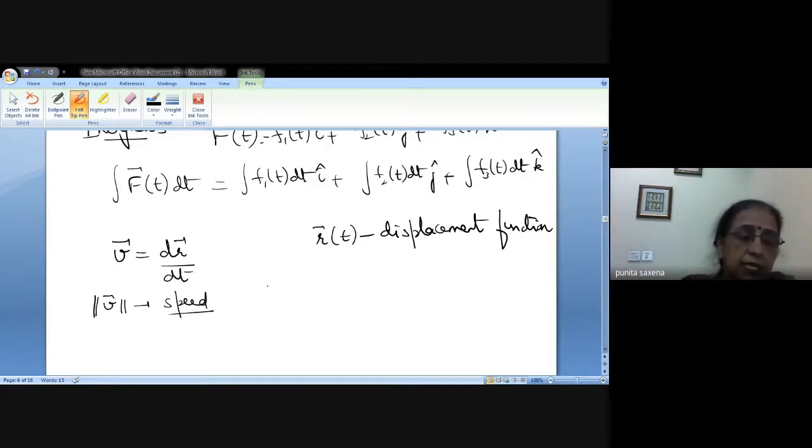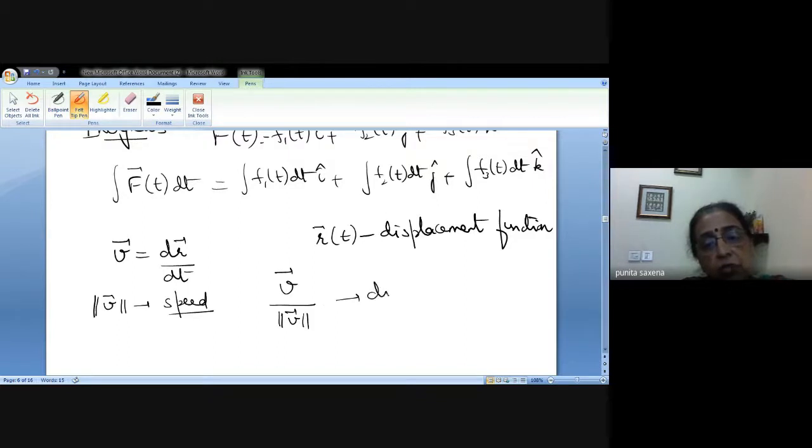So basically v upon norm v, or mod v, as you say. What does this define? A unit vector. Any vector upon its magnitude is nothing but a unit vector. A unit vector means a vector whose magnitude is 1 and has a direction attached to it.